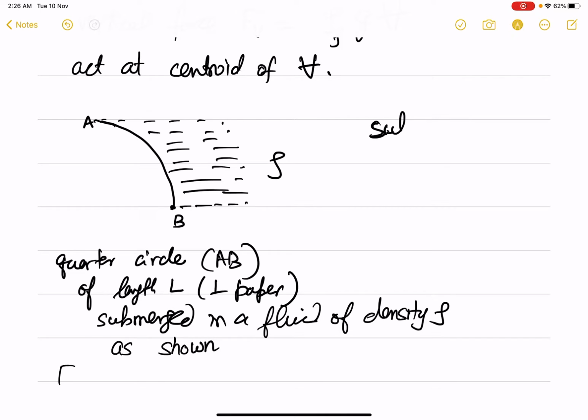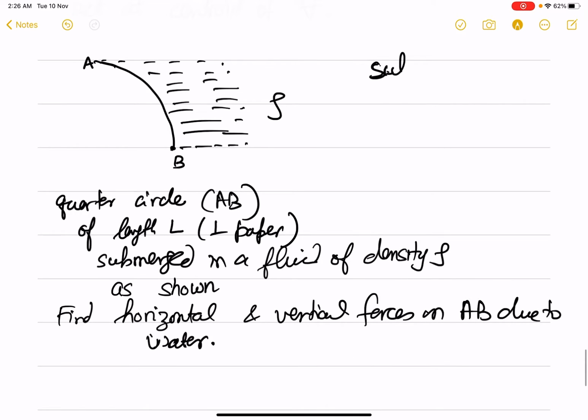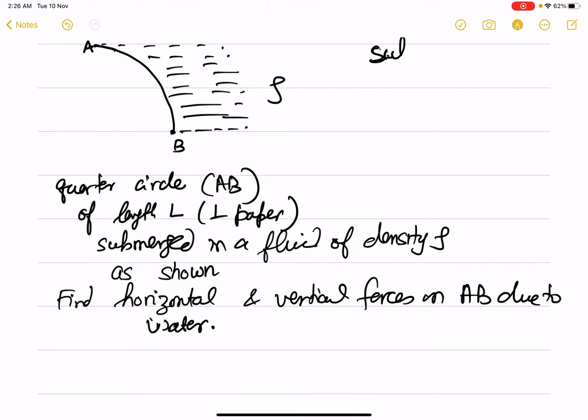Now find the horizontal and vertical forces on AB due to water. Now radius is given as R.